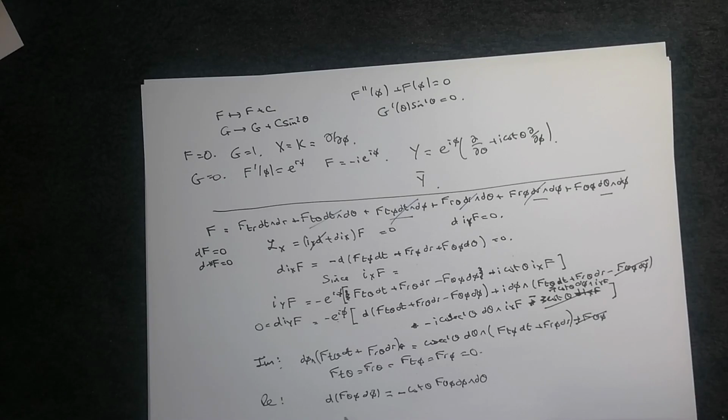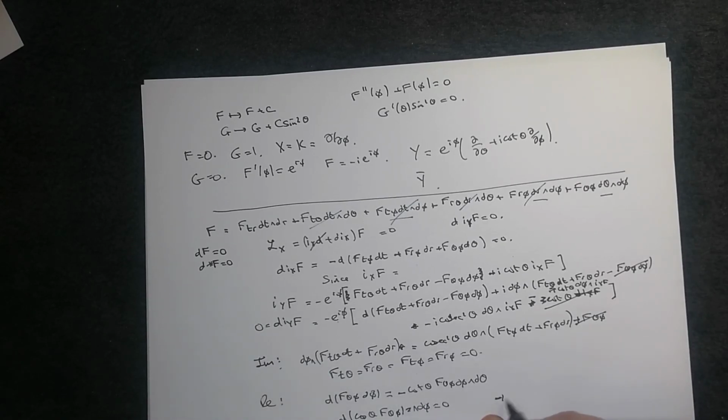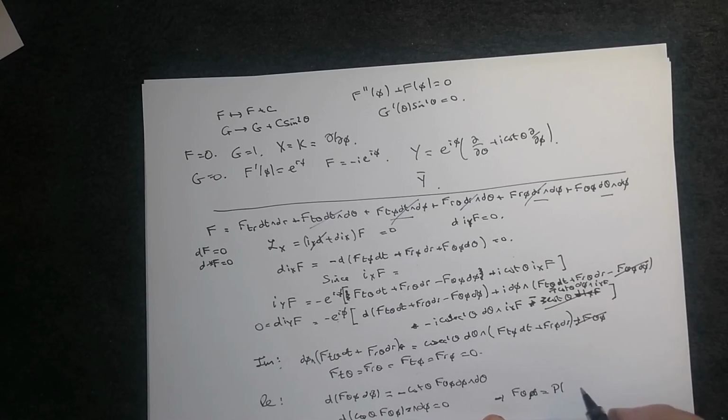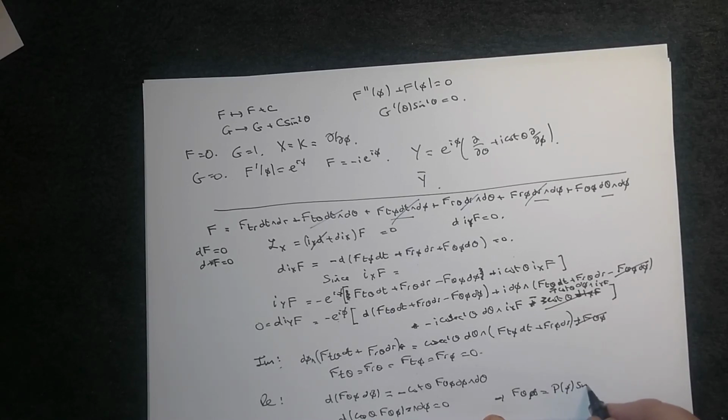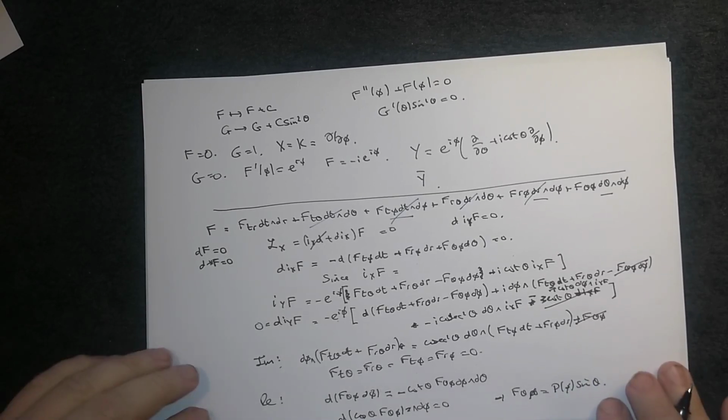Collecting these together using the integrating factor, that's d cosec θ F_θφ wedge dφ is 0. I spoke correctly, but for some inexplicable reason I've written cos instead of cosec. So that implies that F_θφ is some function p of φ times sin θ.